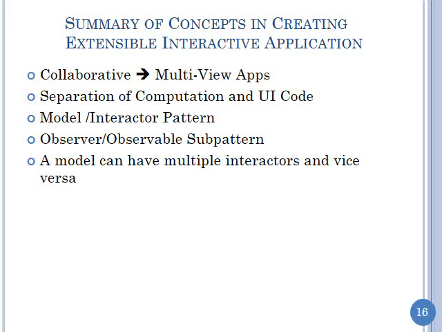The terms we use for these two pieces of code are model and interactor. And within that, if you have multiple interactors being displayed simultaneously, then you want the observable subpattern within it, and a model can have multiple interactors, and an interactor can have multiple models. Okay. So those are the constraints.